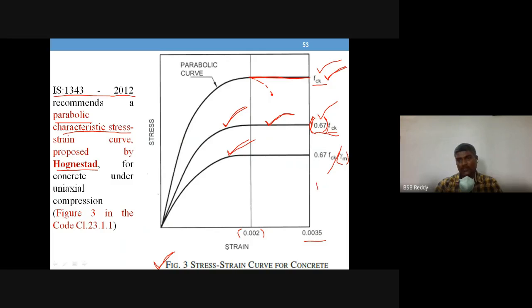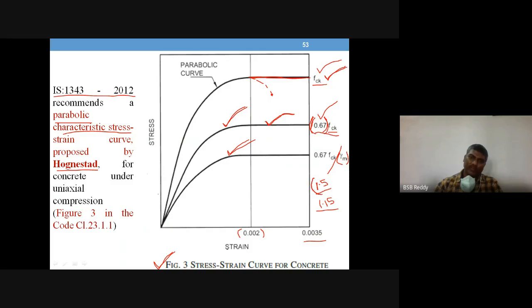That is typically a value of 1.5 suggested by the IS code for concrete, and a material safety factor of 1.15 is suggested by the IS code for steel. Okay.